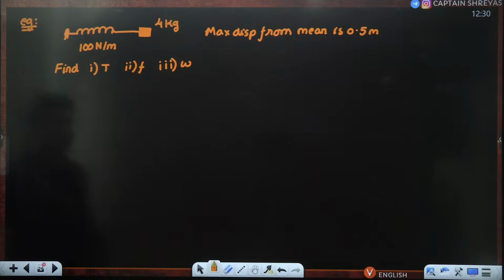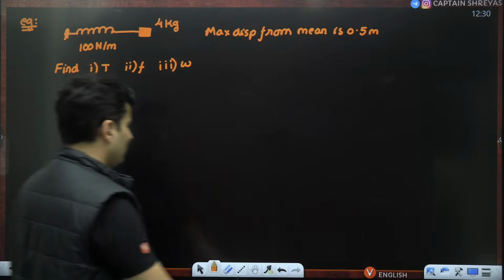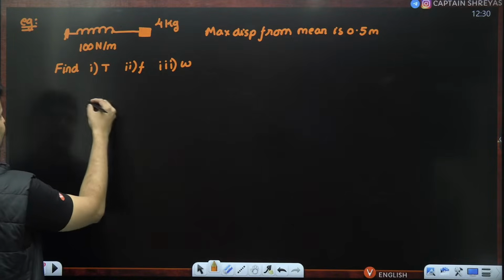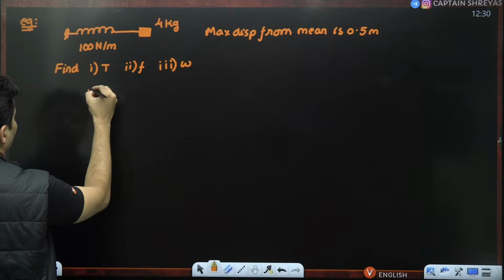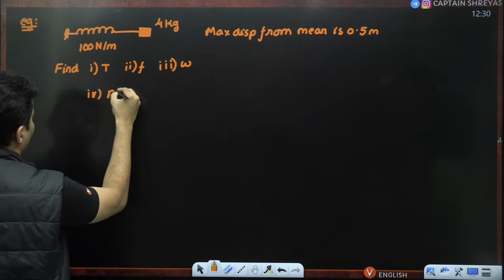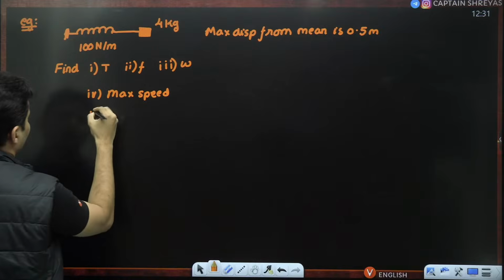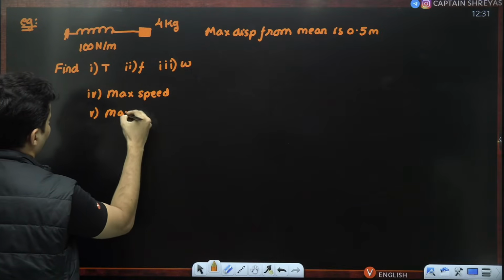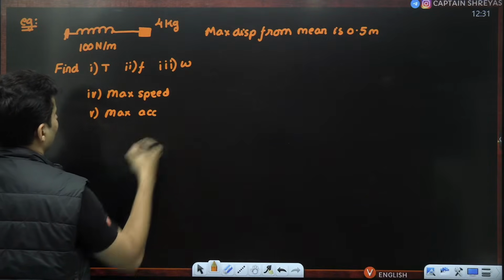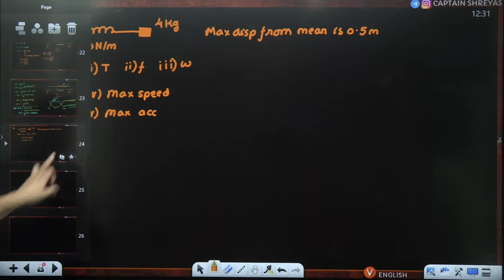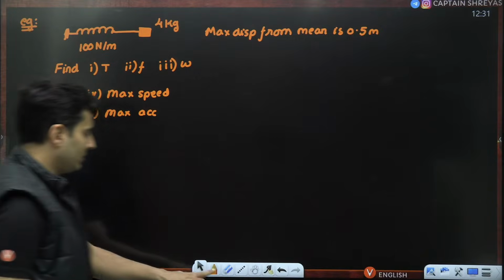Next, the fourth thing, maximum speed. Fifth thing, maximum acceleration. All these things you have to find. Okay, let's try to solve this question.